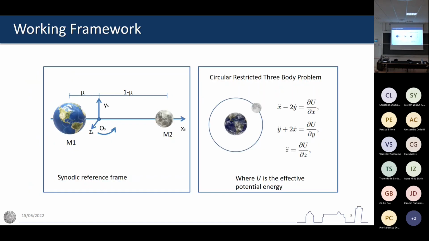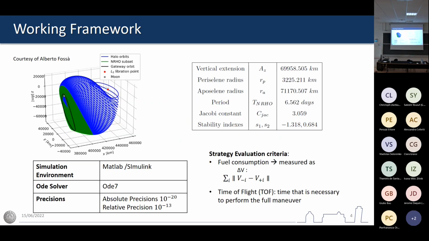The working framework is well known: I work in the circular restricted three-body problem, which for a preliminary design is very useful and very common in the literature. And I work in the synodic reference frame, a rotating reference frame between the Earth and the Moon.